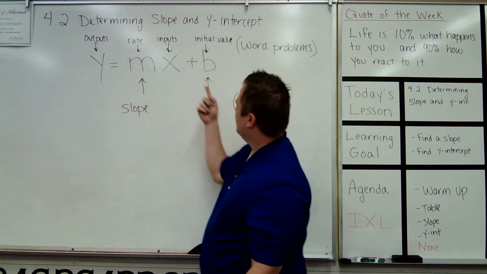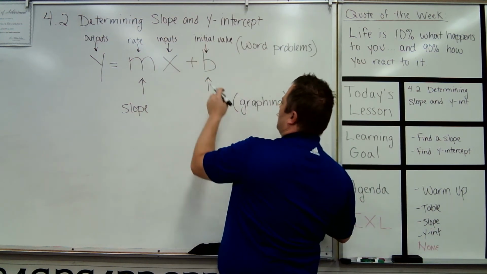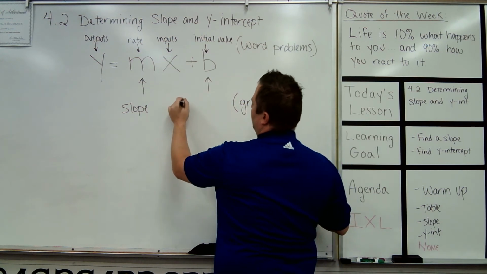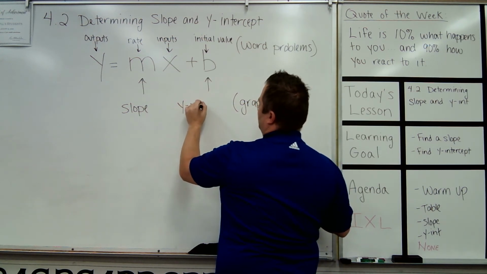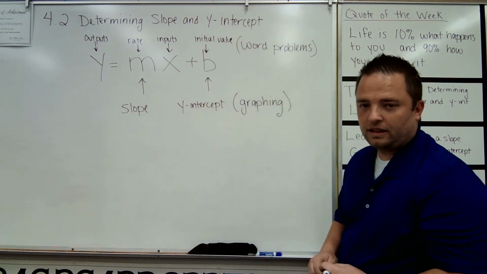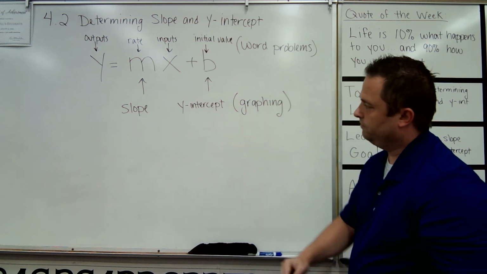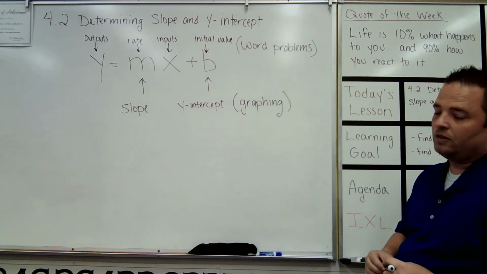Remember, rates, while graphing, are called slopes. This b, when graphing, is going to be known as our y-intercept. And that's the topic that we discussed at the beginning of the year. This is our y-intercept.